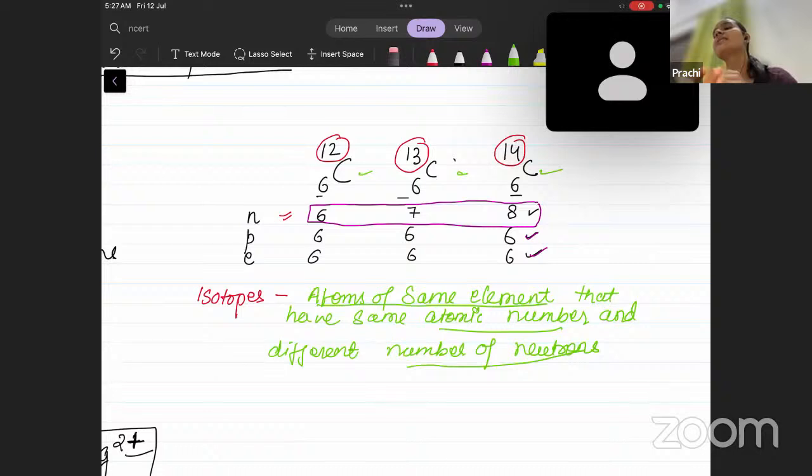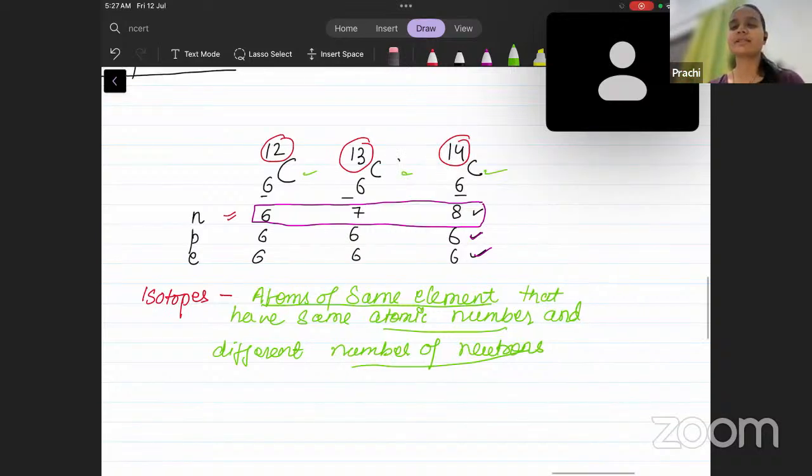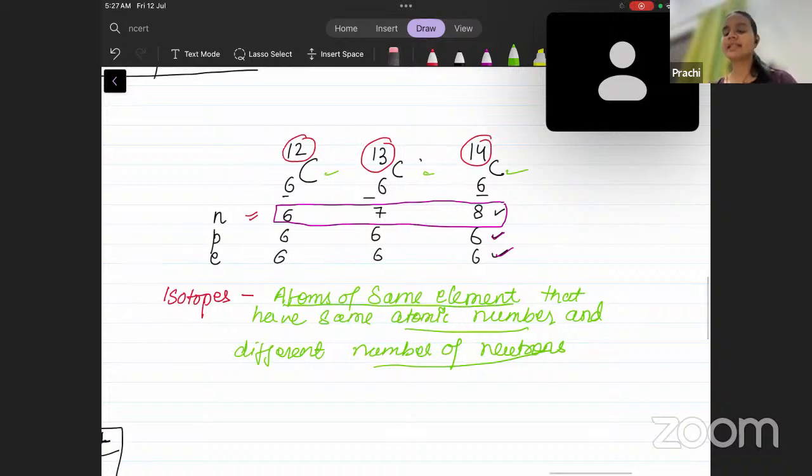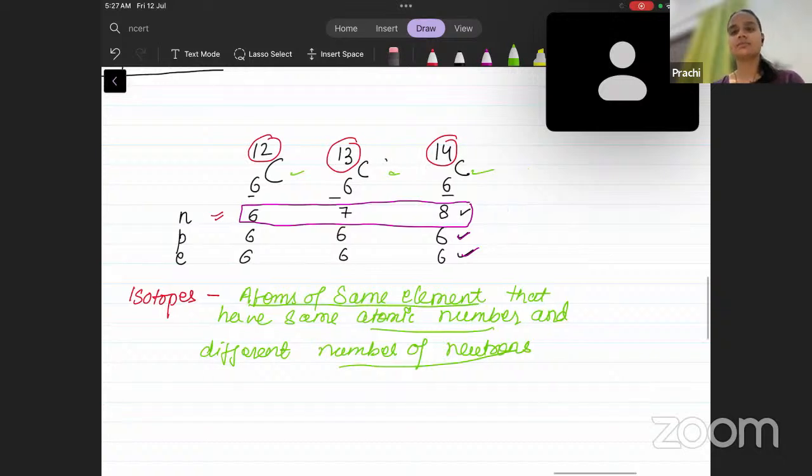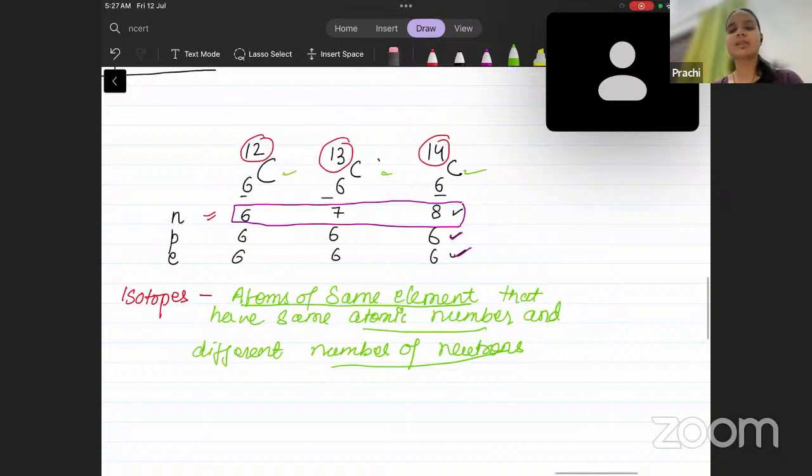So if this is clear to you, then we will move ahead with the other definitions. If this is clear, then I'll move on to isobars. I hope this is clear to you because these are isotopes we all have learned in 10th standard also, right?